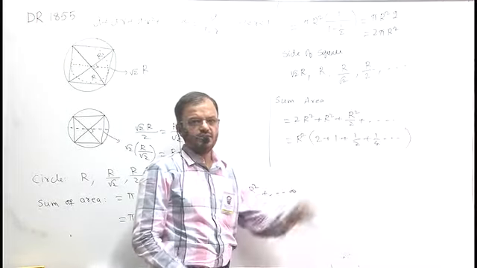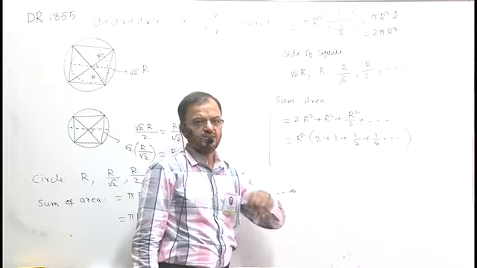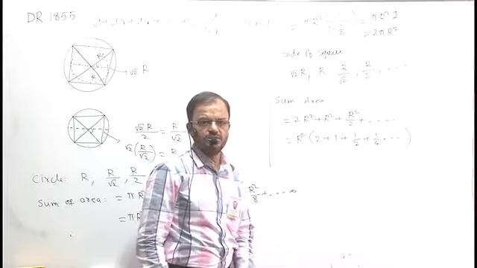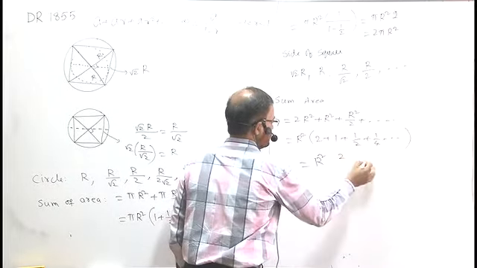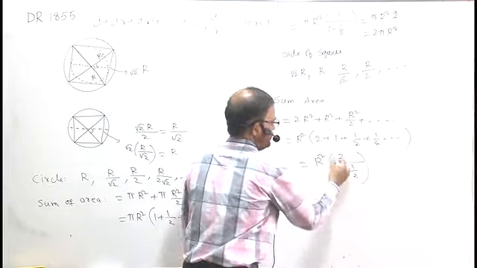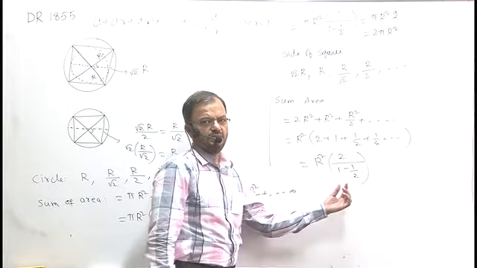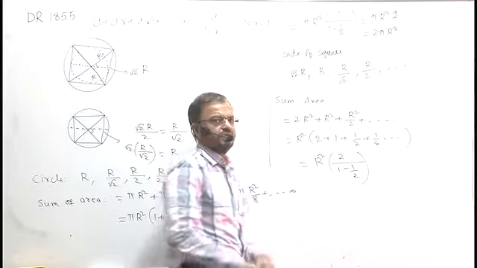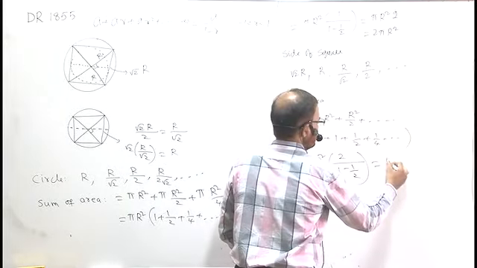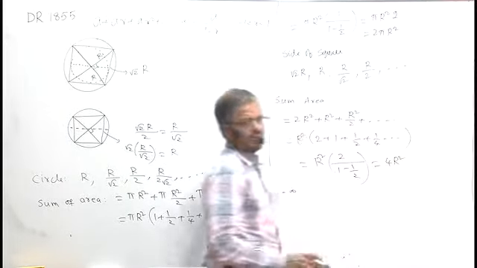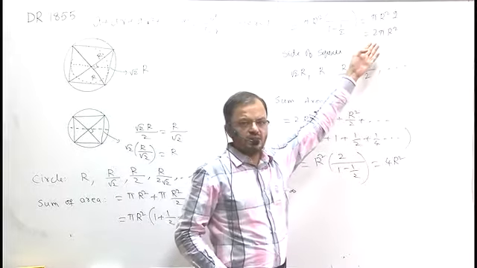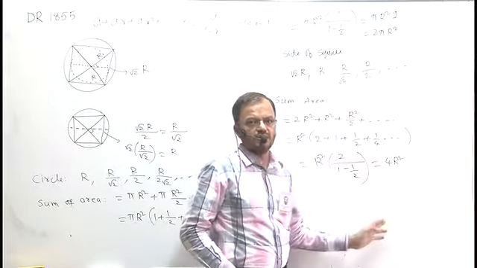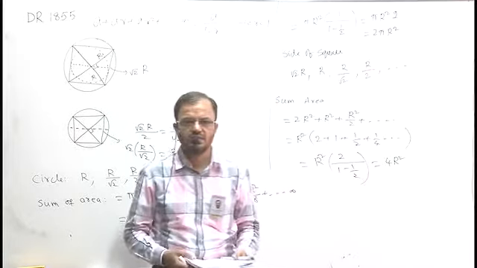It is an infinite GP with the first term 2 and the common ratio 1 by 2. For the sum, I write 2 upon 1 minus 1 by 2. The denominator will become 1 by 2. Then this will become equal to 4 r square. Hence these are the sum of the areas of the circles and of the squares. Hence that is the answer to the question.